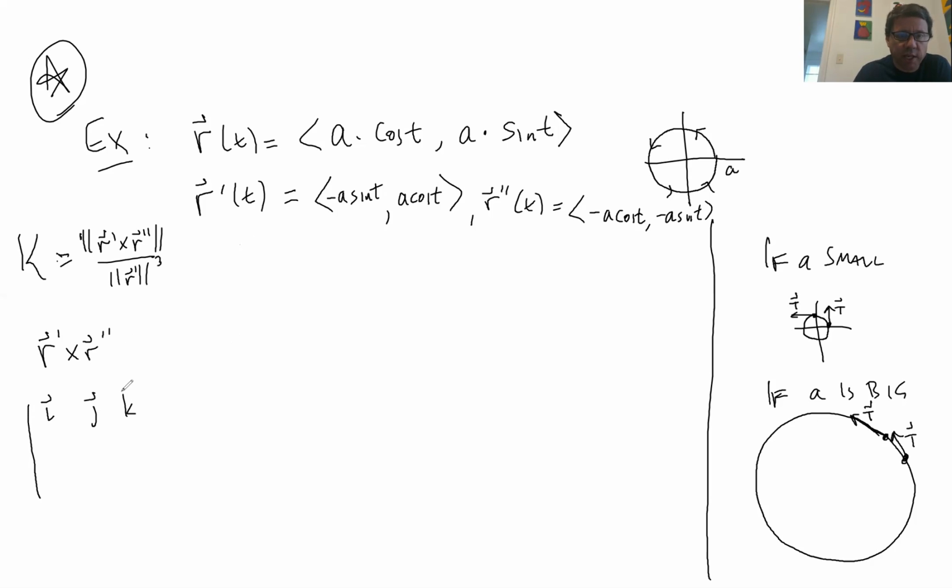So i, j, k, r prime will be minus a sine, a cosine, and then 0. And then minus a cosine, minus a sine, and 0. And so that's the cross product.